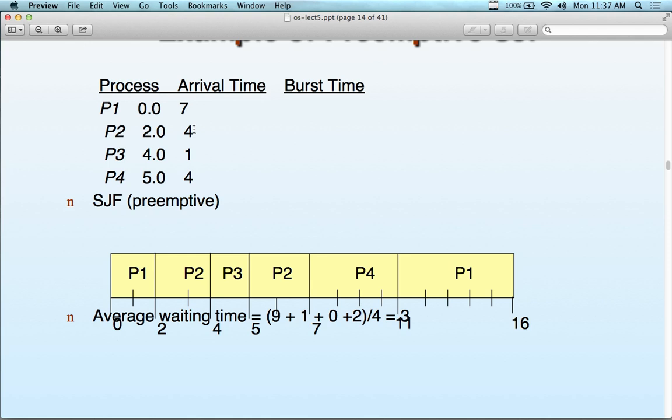So if I said 4, process 1 needs 7, it would get 4, it would have 3 left over. It'd be put back into the queue. But the next process 2 would get 4 and it would go out of the queue. And the next one we have wasted bursts. It only needed 1, but we're going to give it 3 more, so the CPU just sits there for 3.